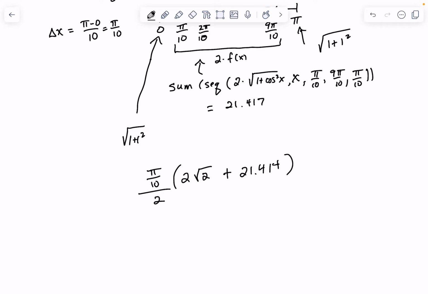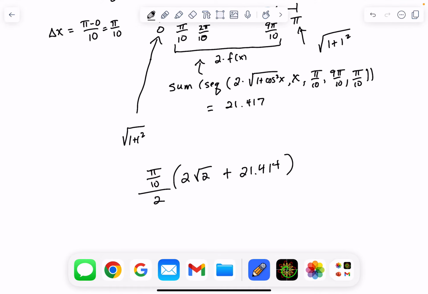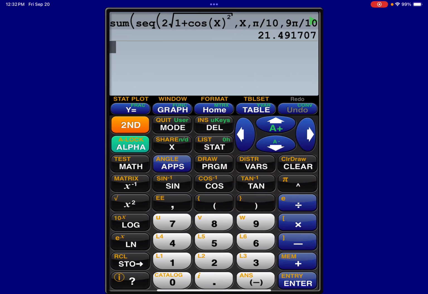And then to finish this up, go back to the calculator. So I can just say, take my last answer. Maybe I should just start from the pi over 20 that was at the beginning. So there's pi over 20. And then there's 2 square roots of 2 plus the 21.491707.